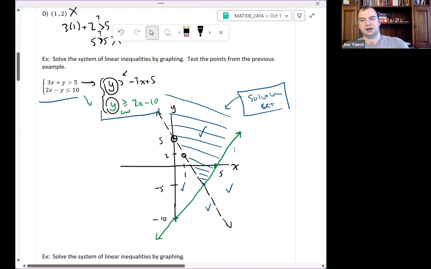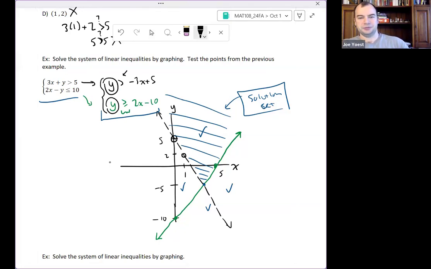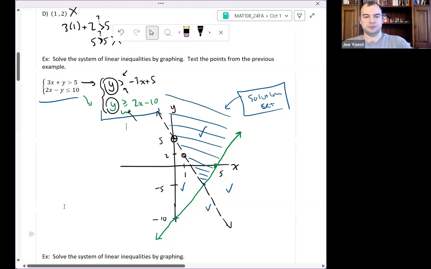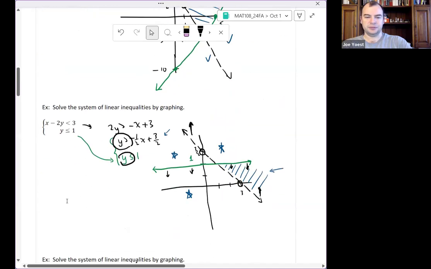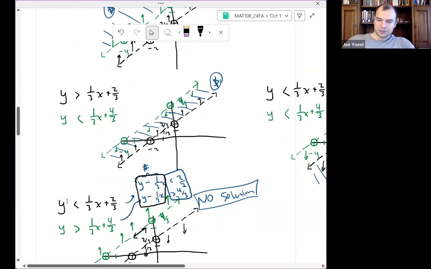And then take care for each boundary line, whether it should be dashed or solid: a strict inequality, make it dashed, or a non-strict inequality, make it solid. Any questions so far?